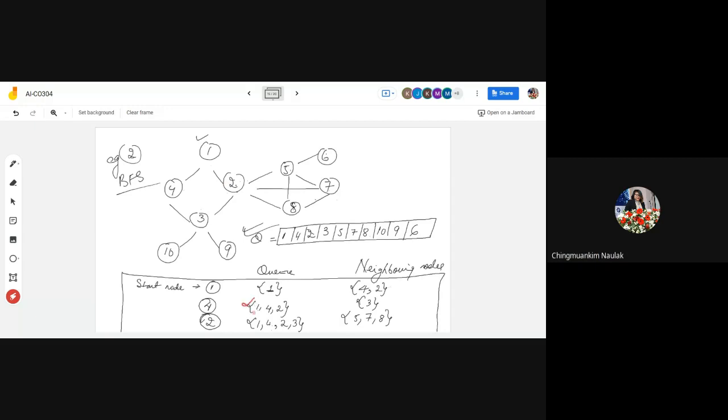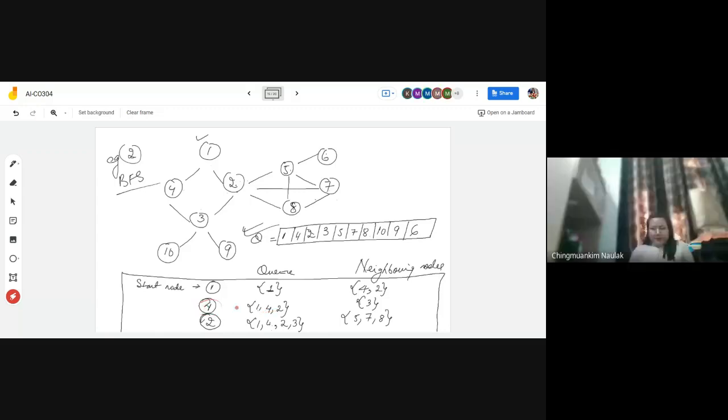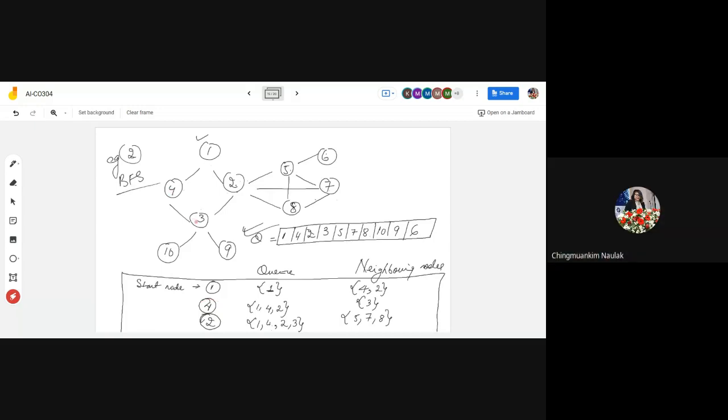Then in the next queue you will have whatever is here, 1, 4, 2, you write it. 1 is already explored, and the next node that you're going to explore is 4, so write 4 over here. Then look at 4 in the graph. The neighboring node of 4 is 3.